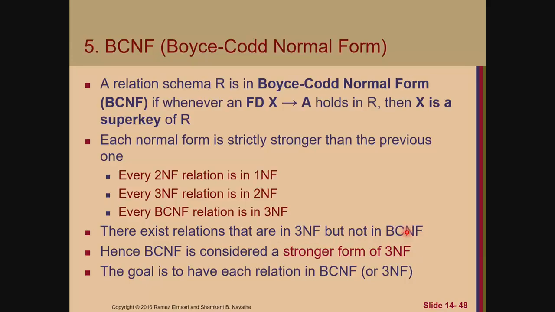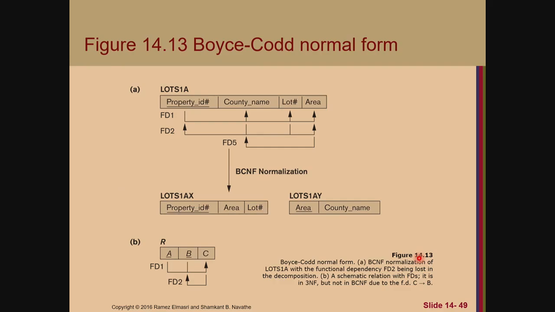Boyce-Codd is quite a bit stricter than third normal form, so Boyce-Codd is considered a stronger form of third normal form. The goal is to have each relation in Boyce-Codd normal form. Let's try to do that.